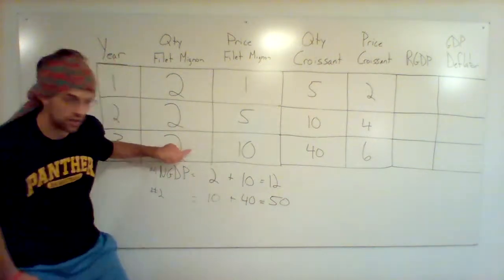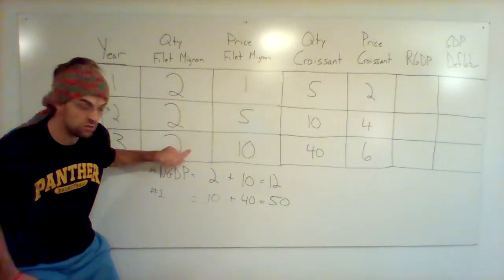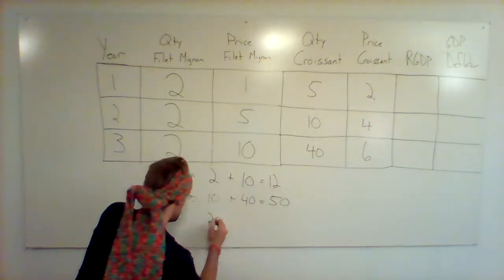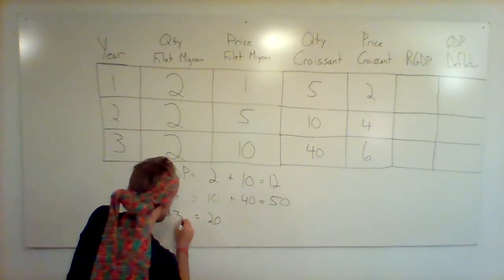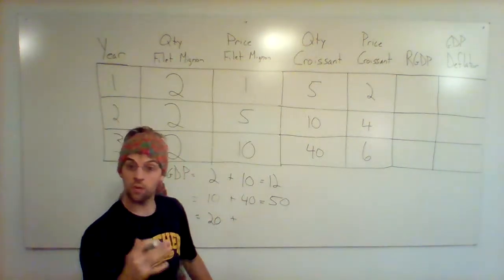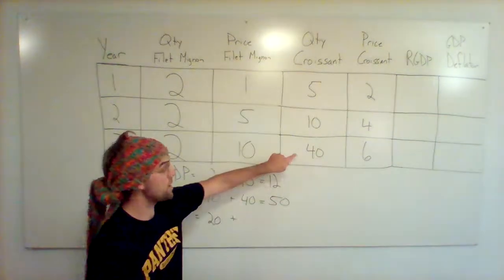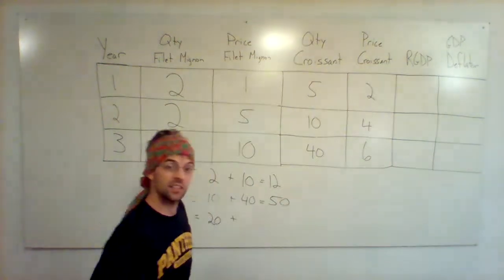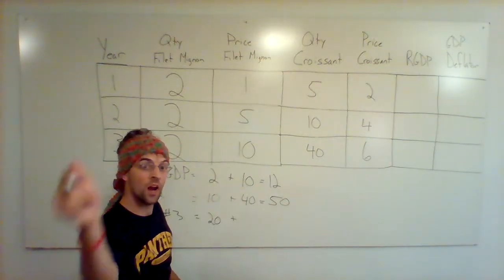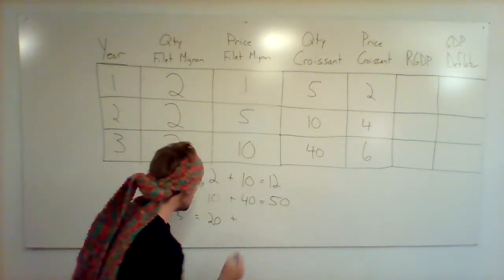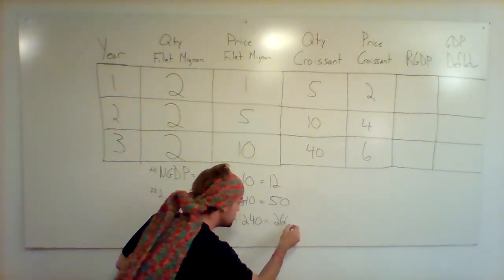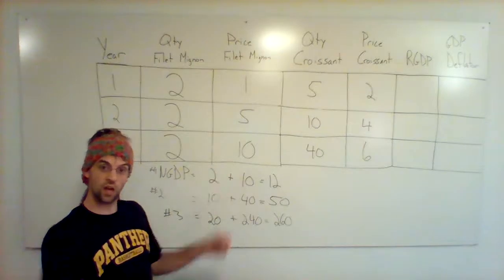The third year, we got 2 filet mignon at $10 apiece, 20. We also made some croissants. Looks like we made about 40 of them at $6 apiece. 6 times 4 is 24. Add the 0, 240. And you get 260. Okay?